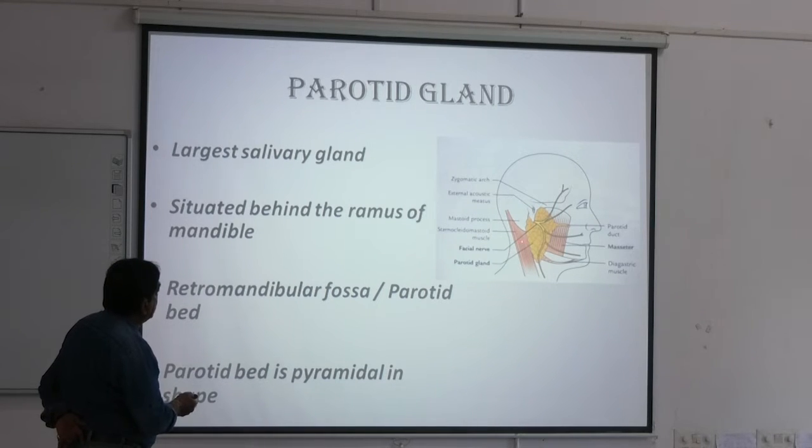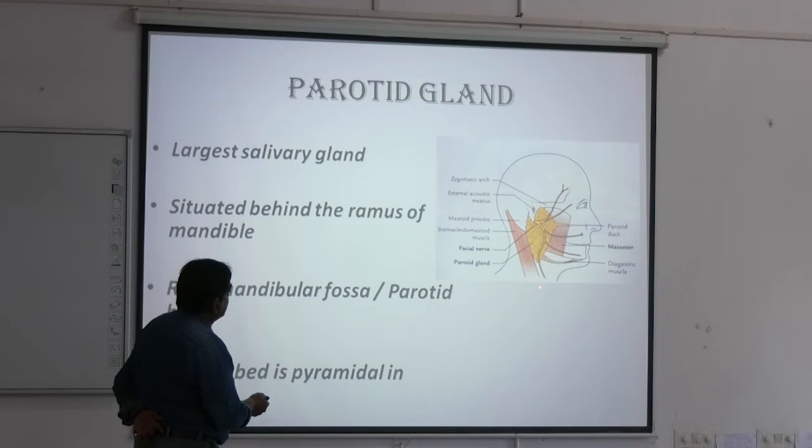You can see the sternocleidomastoid muscle, the facial nerve is here, the parotid gland itself, this is the parotid duct, this is the zygomatic arch, external acoustic meatus and mastoid process. Over here the digastric muscle, the masseter muscle, and this is the parotid.